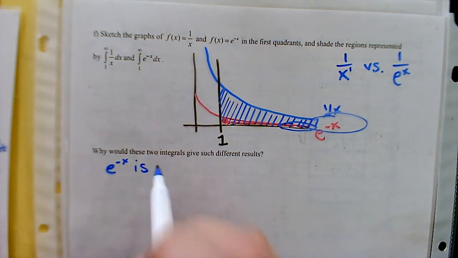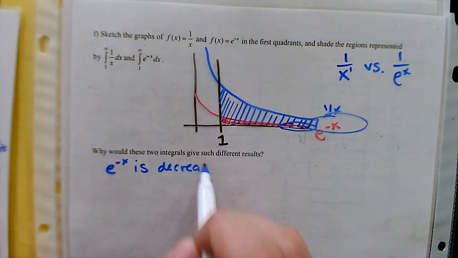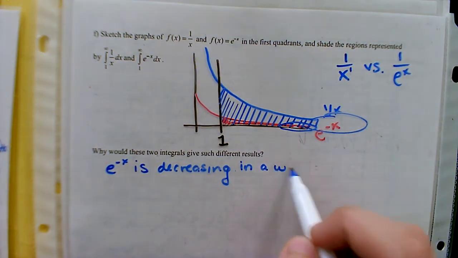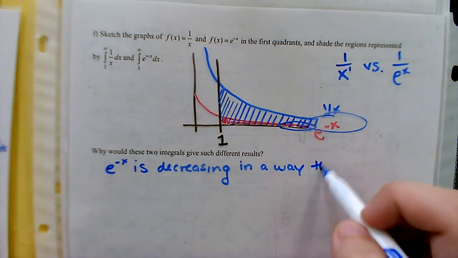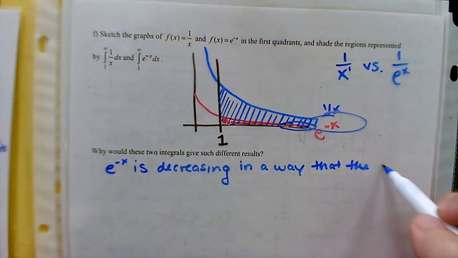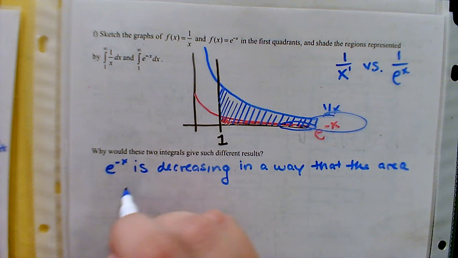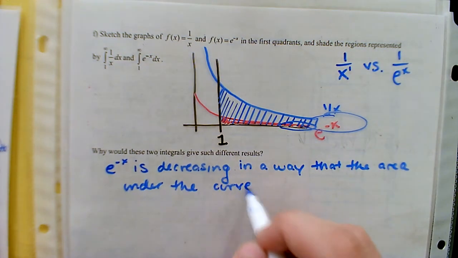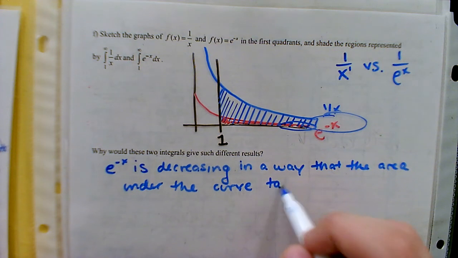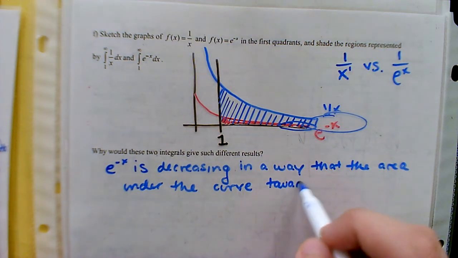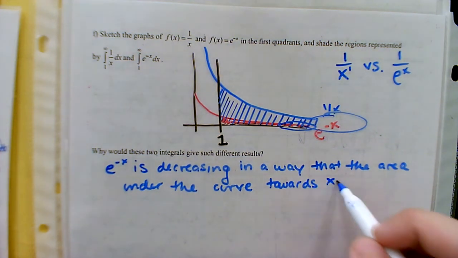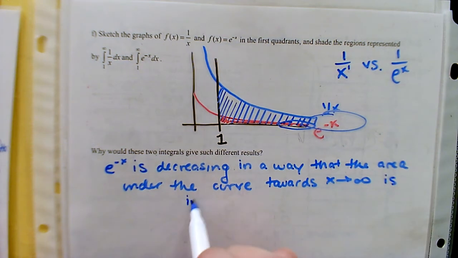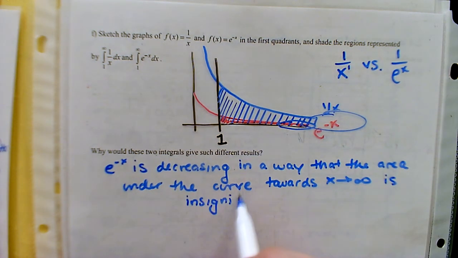E to the negative x is decreasing in a way that the area under the curve towards x approaching infinity is insignificant.